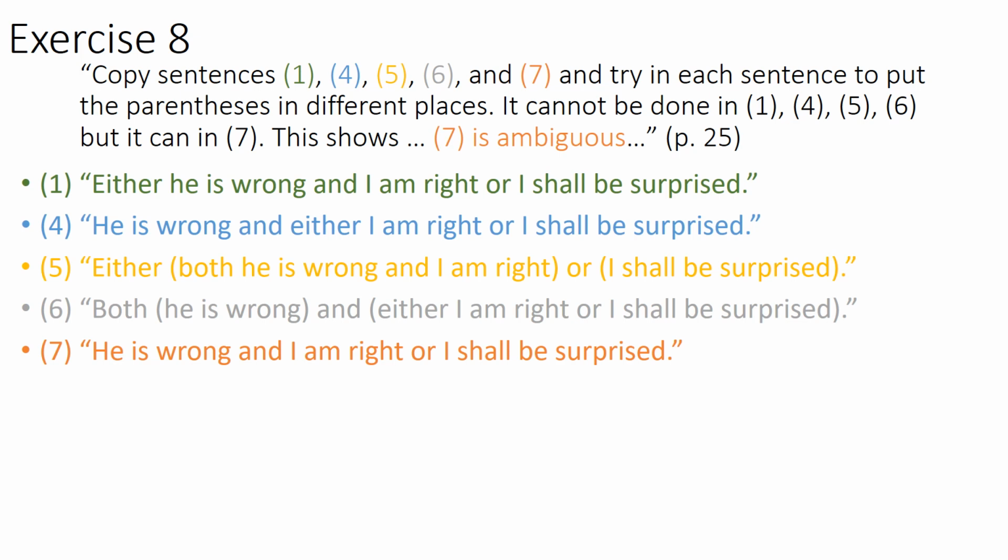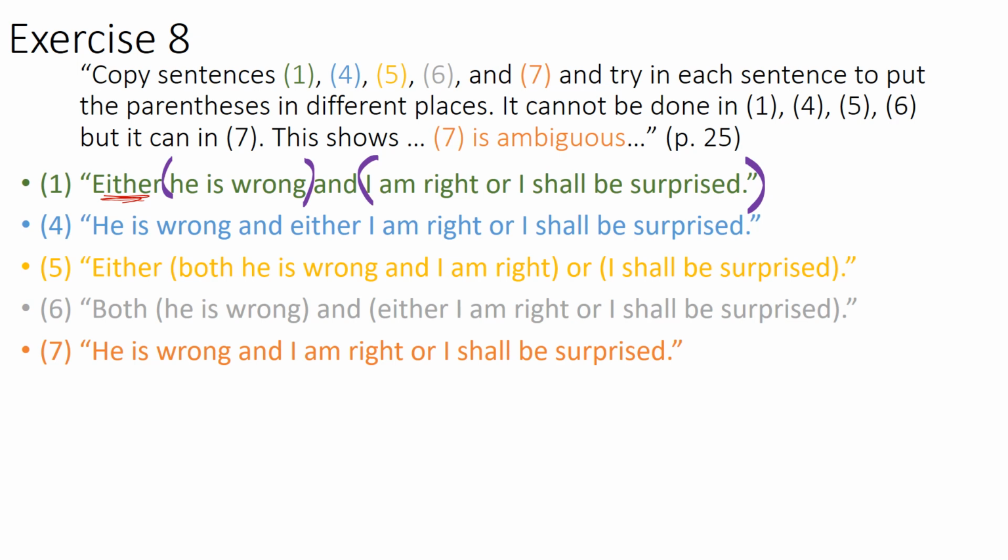So let's place parentheses, for example, with he is wrong. And let's put parentheses with I am right, or I shall be surprised. Now, does this even make sense, doing that? I don't think so. And the reason is the giveaway, and that's the word either, which starts out the sentence, in this English sentence.